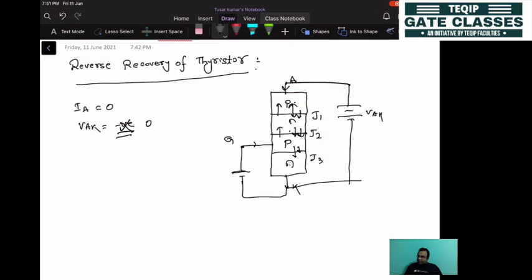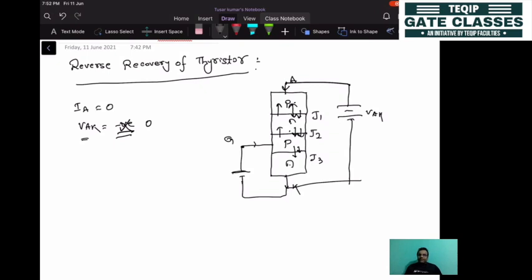In order to make sure that in the next cycle we can control the on time, you have to apply a negative voltage across anode to cathode. If you do so, then the charge carriers will retain their position, and the device will remain off.